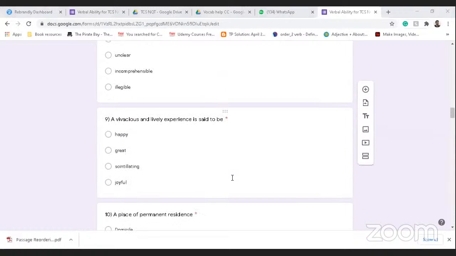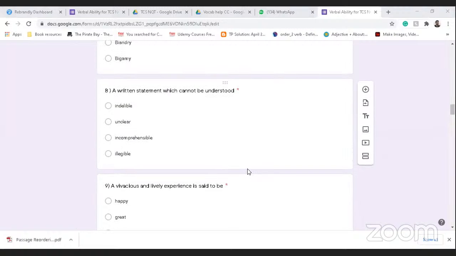Let's come back. Question 8. A written statement which cannot be understood. The difference between illegible and incomprehensible is that illegible is regarding handwriting. Incomprehensible means cannot understand.